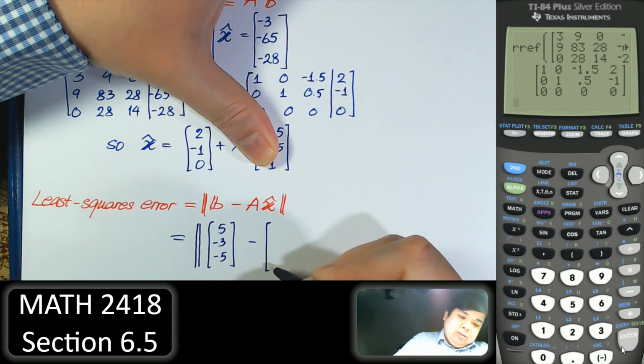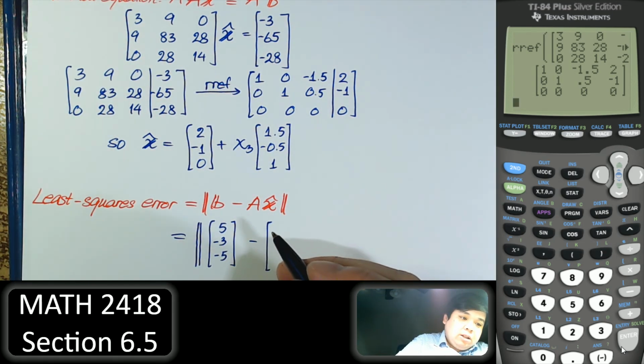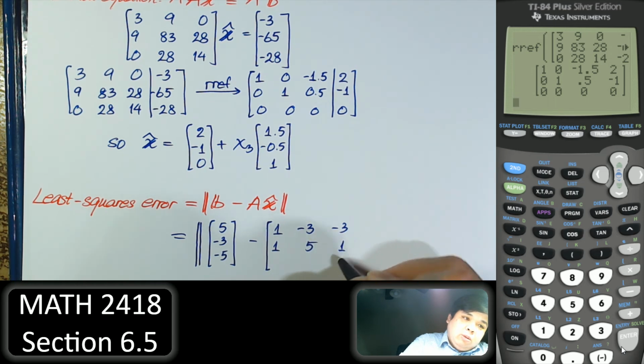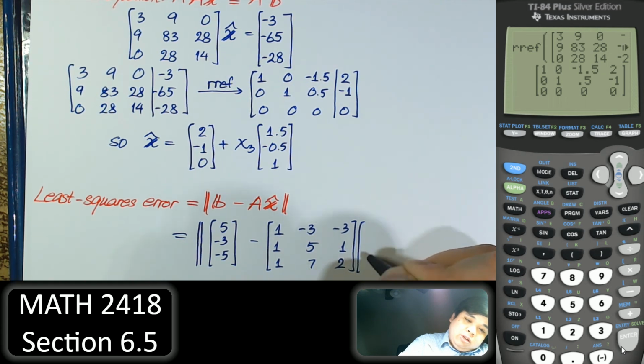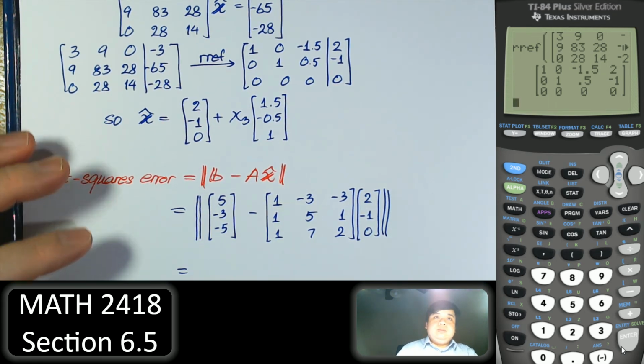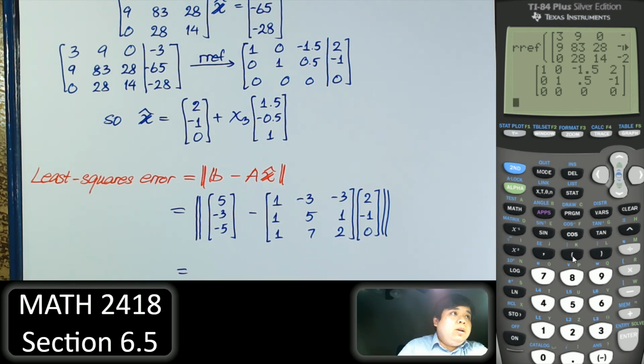The matrix A is what? 1, negative 3, negative 3, 1, 5, 1, 1, 7, and 2, and then we just use this matrix. So 3 and 1, 5, negative 3, negative 5.